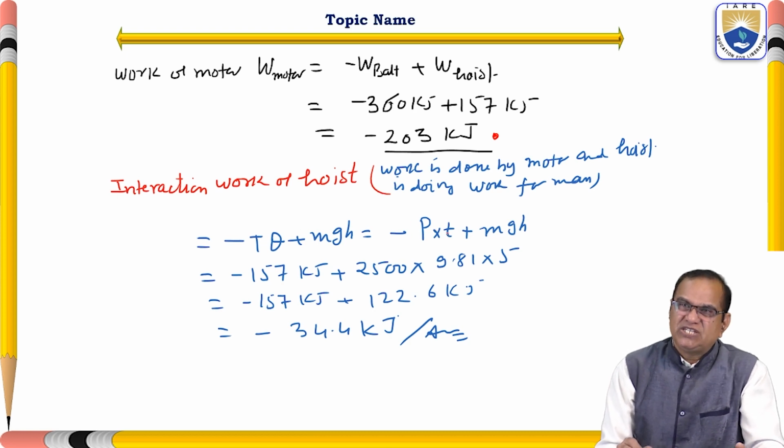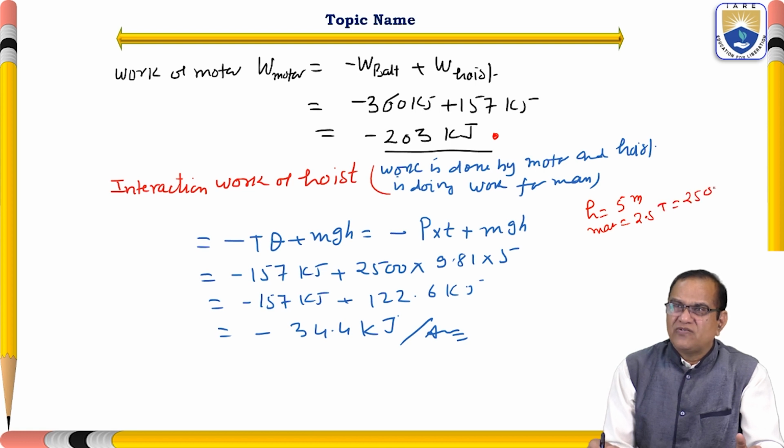So minus P into t plus mgh. So we got minus 157 kilojoule plus m is 2.5 ton, so 2500, g is 9.81 into 5, where h is the height equal to 5 meter and mass is equal to 2.5 ton or 2500 kg.